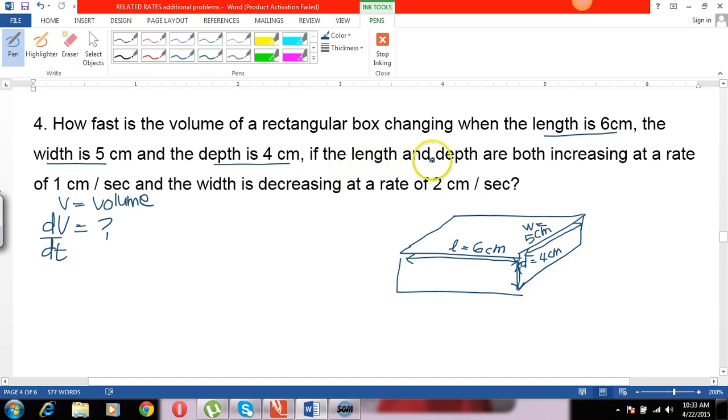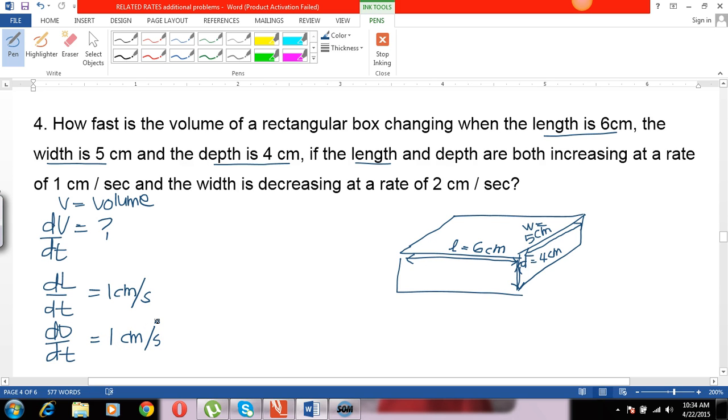If the length and depth are both increasing at a rate of 1 cm per second, so this is dL over dt equal to 1 cm per second, then dD over dt equal to 1 cm per second.